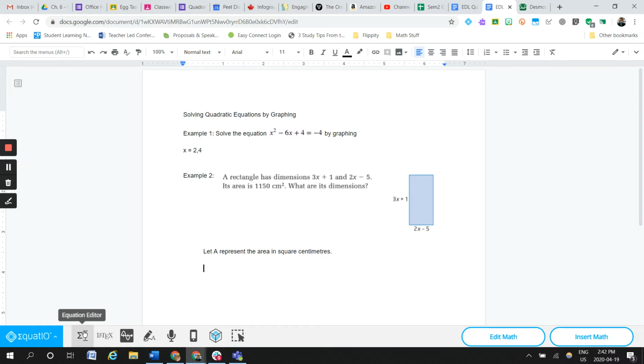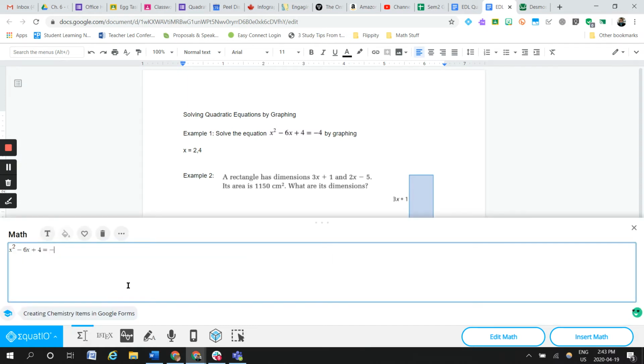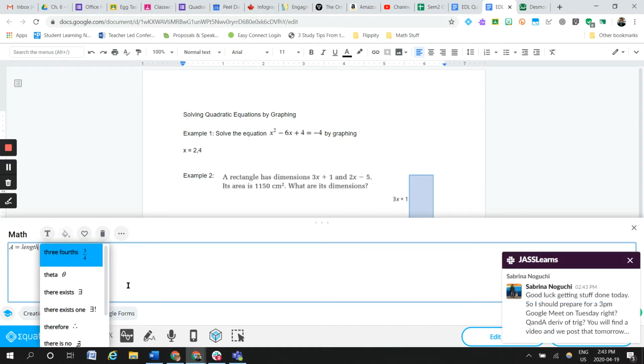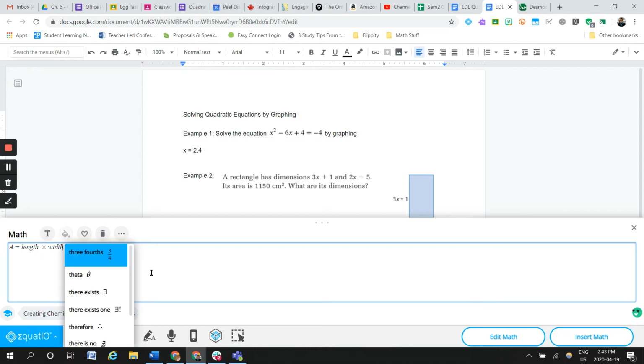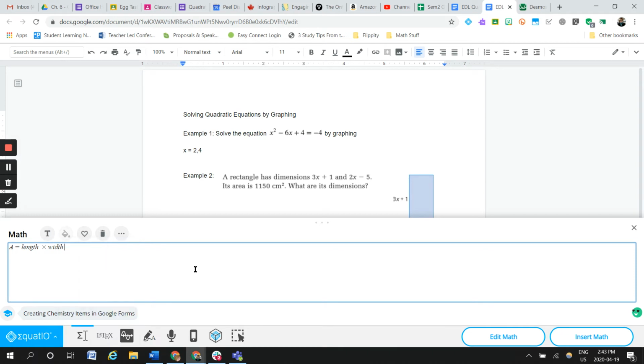So then that means we're representing area as length times width. Which in this case we know is 3x plus 1 times 2x minus 5.